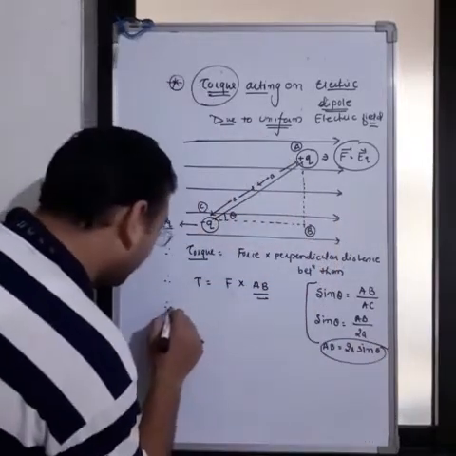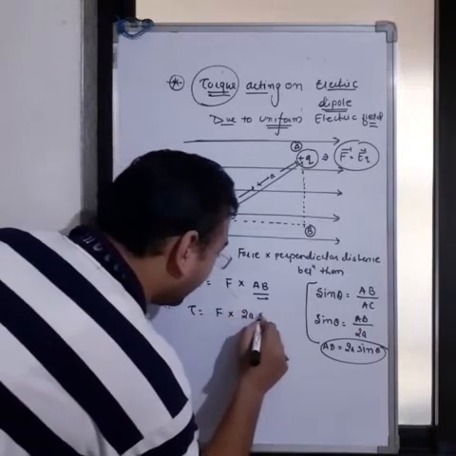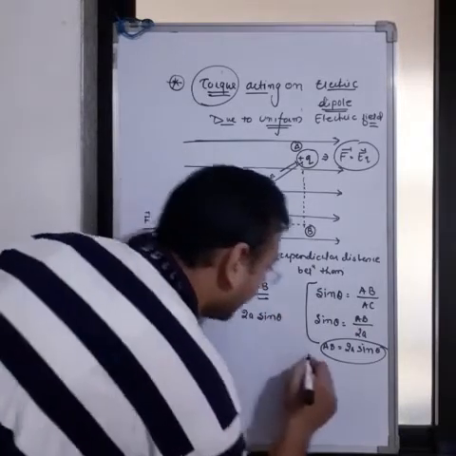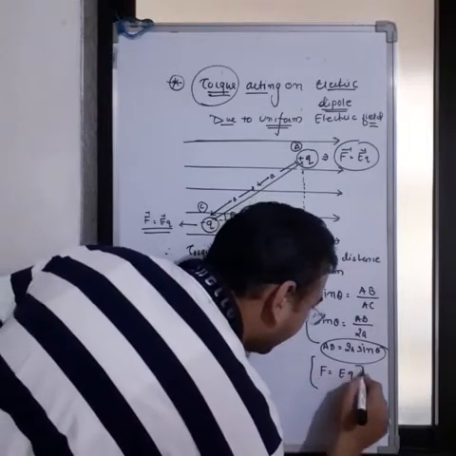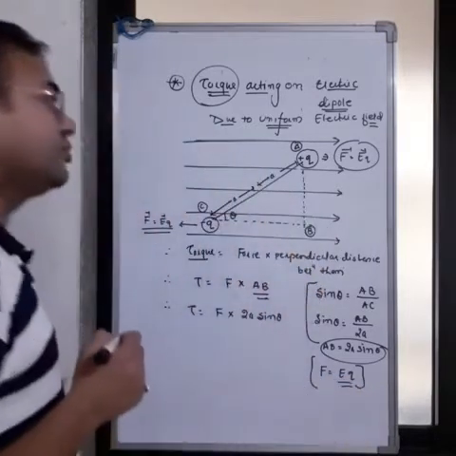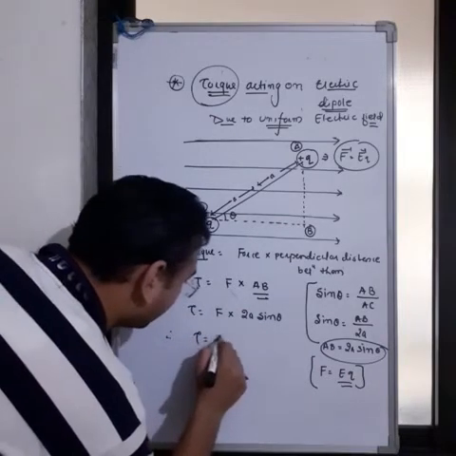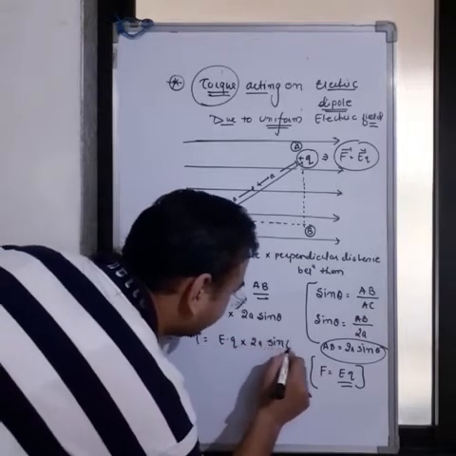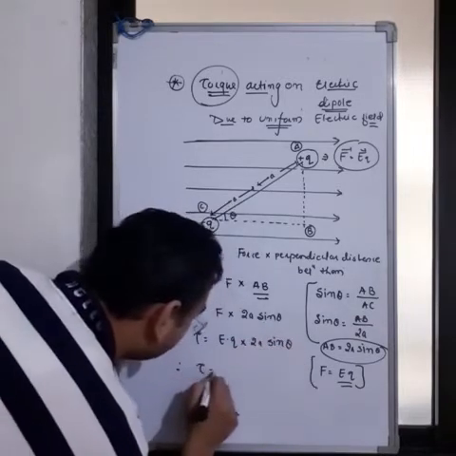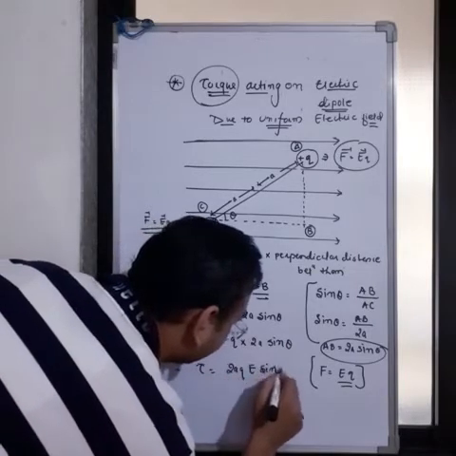So torque is F into 2a sine theta. Here F is equal to what? We already know that the force due to the electric field, F is equal to E into Q. So torque is E into Q into 2a sine theta. So torque tau is equal to 2aQE sine theta.